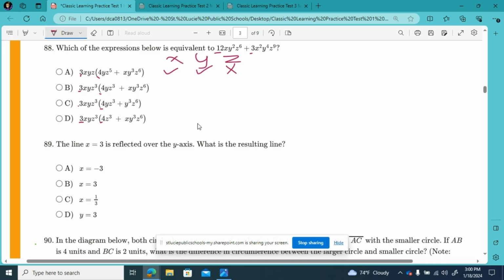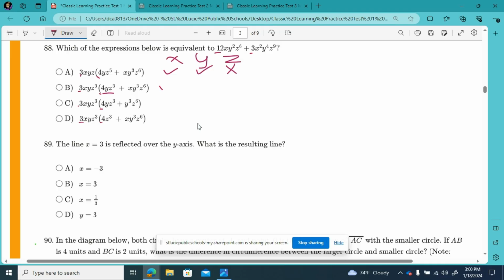X times no x is a plain x. Y times y is y squared. Z to the power of 3 times z to the power of 3 is z to the power of 6. So my front is good on B. And now let's check the back. X times x is x to the power of 2.